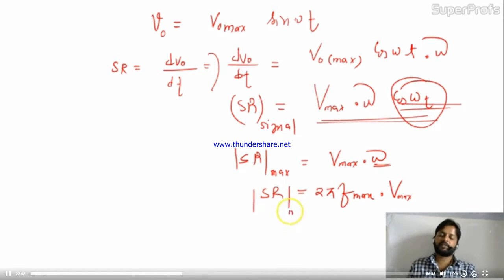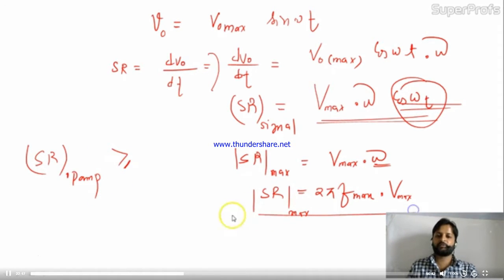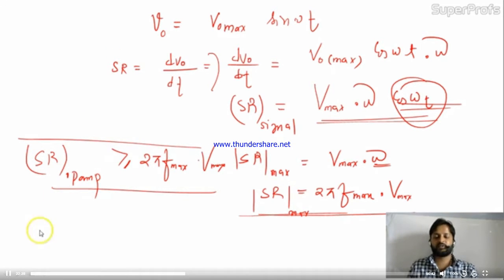This is the maximum slew rate of signal. And what is the condition? The condition is the slew rate of op-amp should be greater or equal to slew rate of signal. Means it should be greater than 2 pi f max into V max. Is it okay, friends? This is the condition for slew rate.